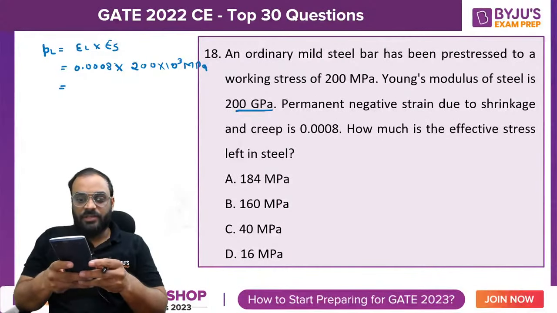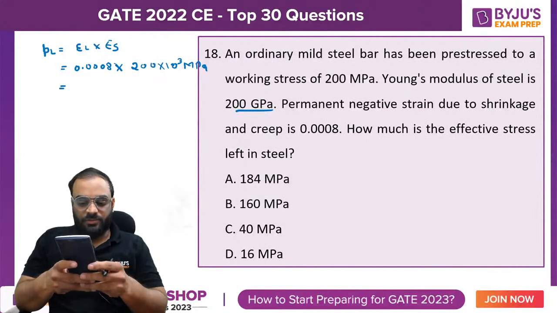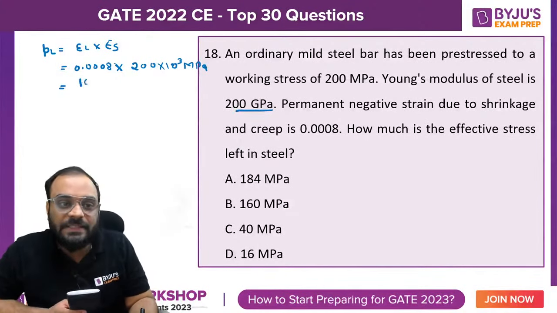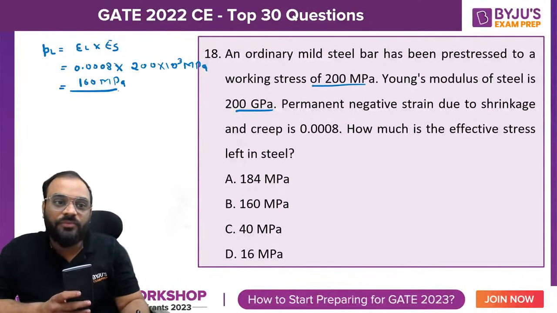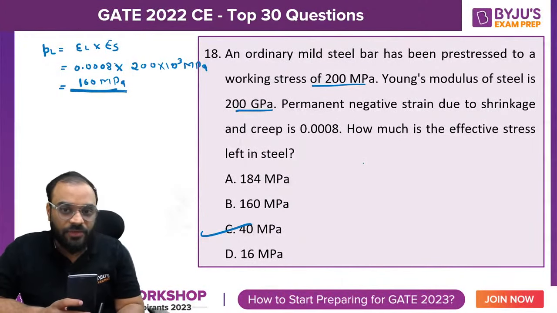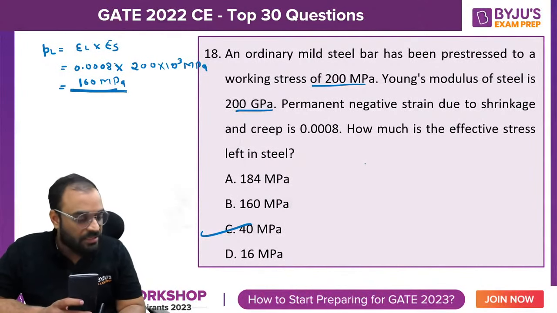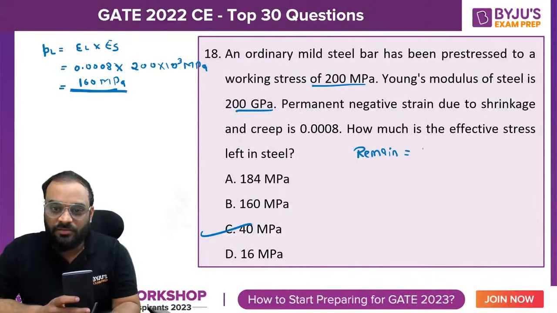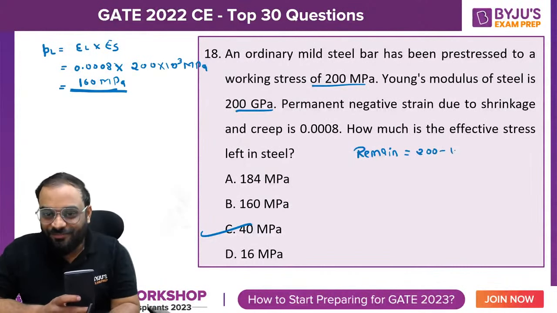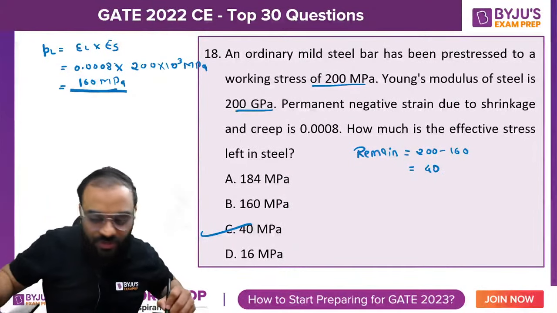We are getting a value of 160 megapascal as a loss. So how much is remaining? Initially 200, loss is 160, remaining is 40. It should be C. The remaining part, 200 minus 160, that will be 40.